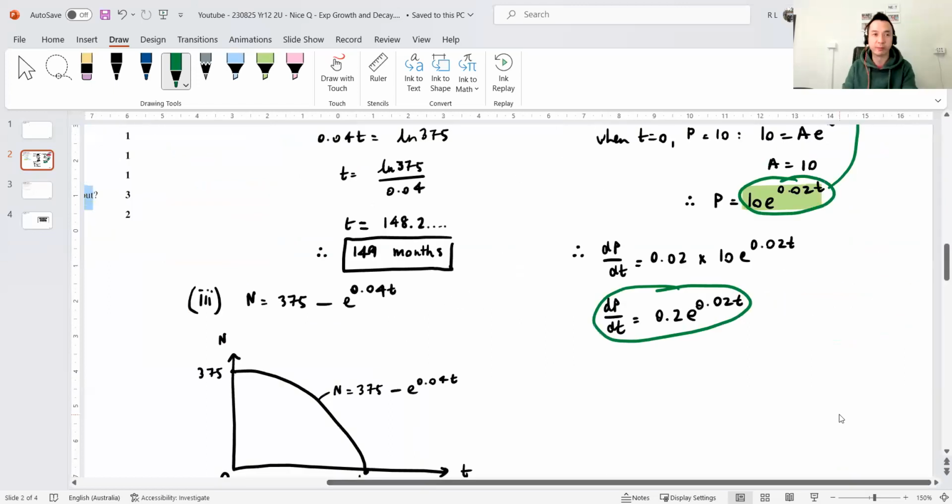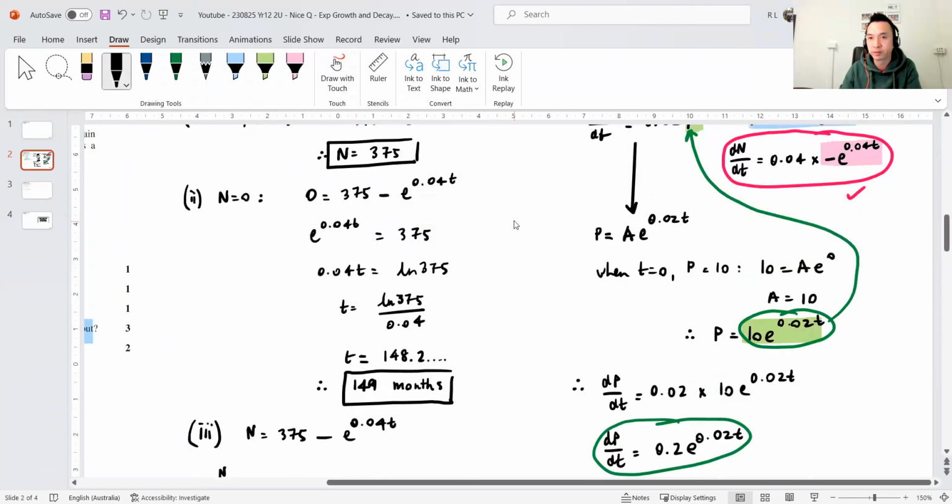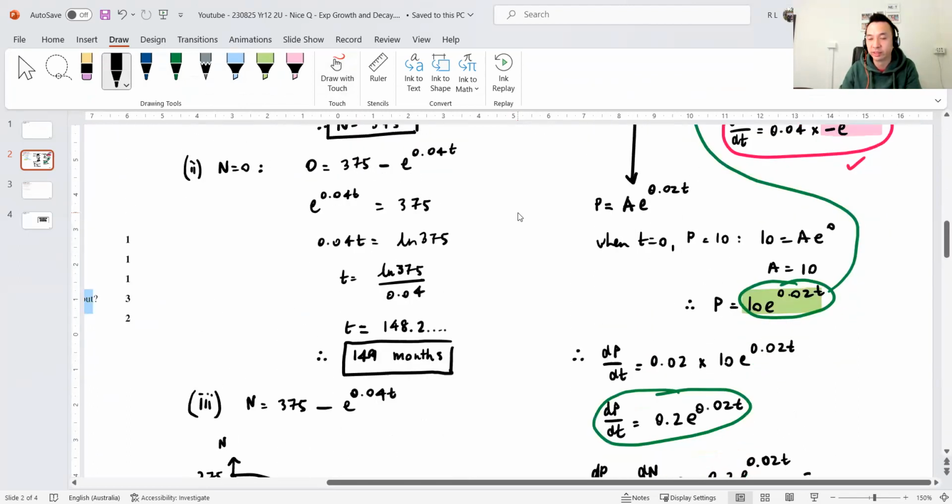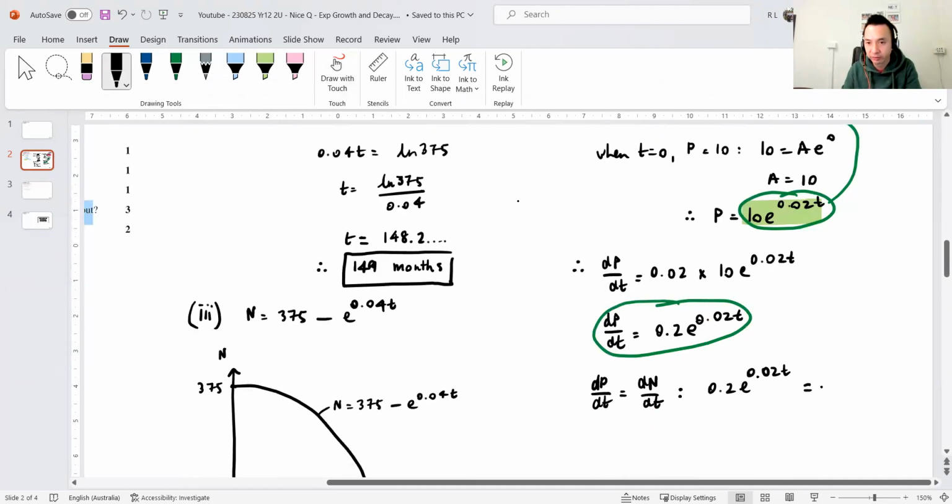So if I set dP/dt equal to dN/dt, then 0.2e^0.02t would equal, now what was the pink circle? Negative 0.04e^0.04t. Quick check, make sure it's fine.